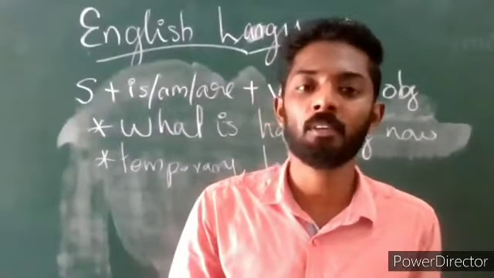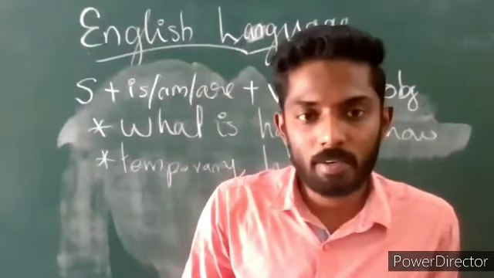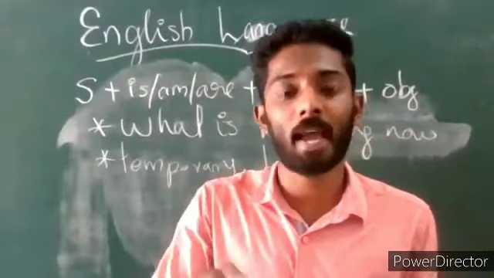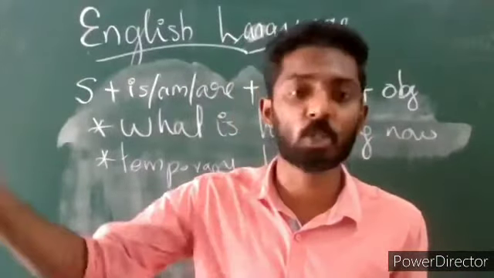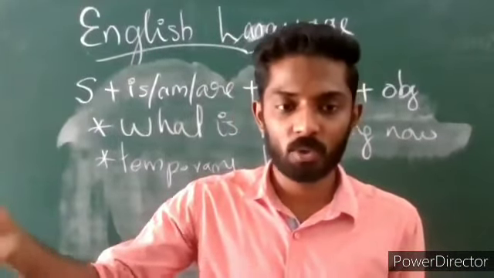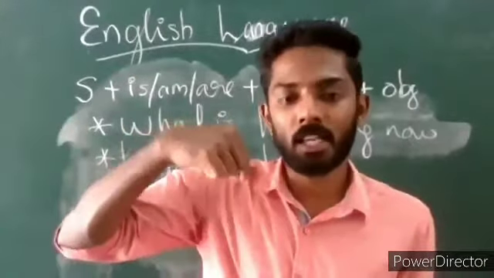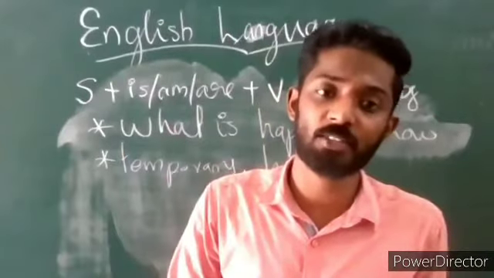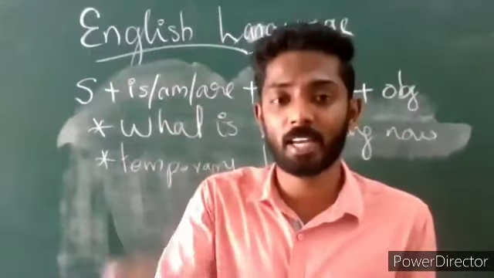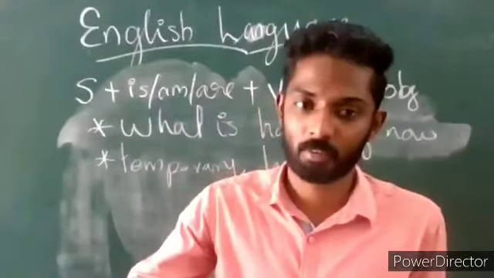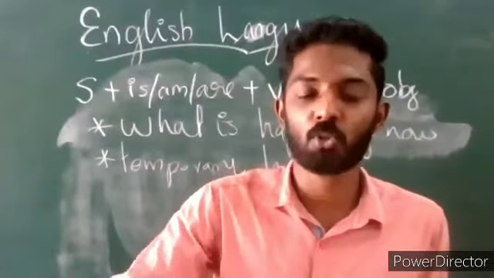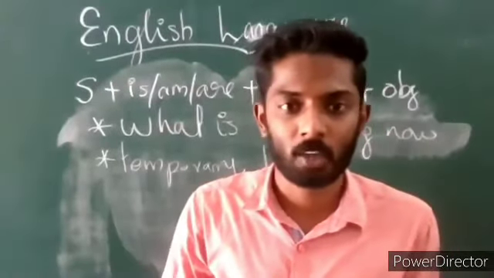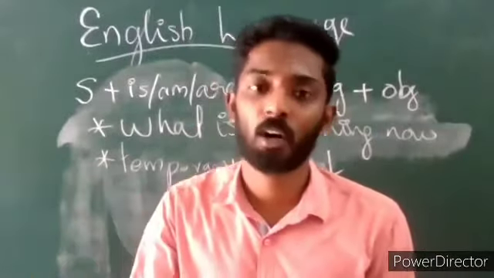All these are actions which will be happening in the future. So I use present continuous tense in order to speak about a future action which will be happening, like, when are you coming tomorrow? It's a question.